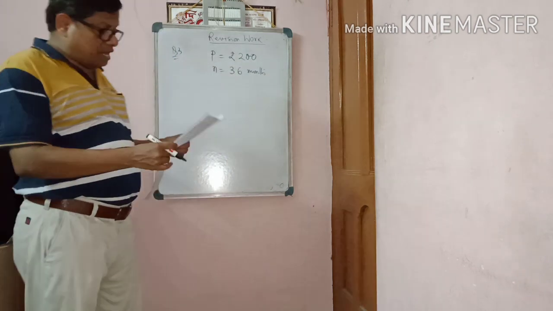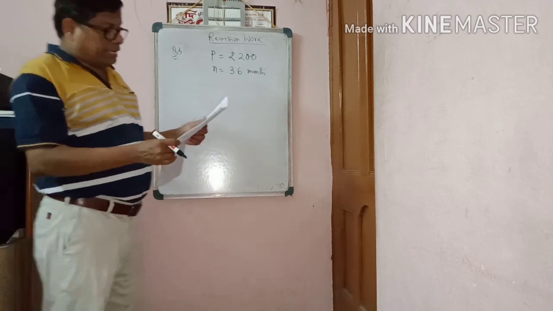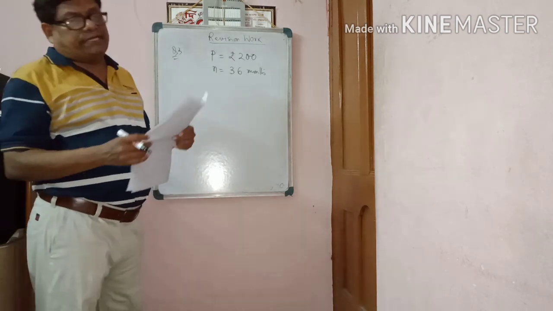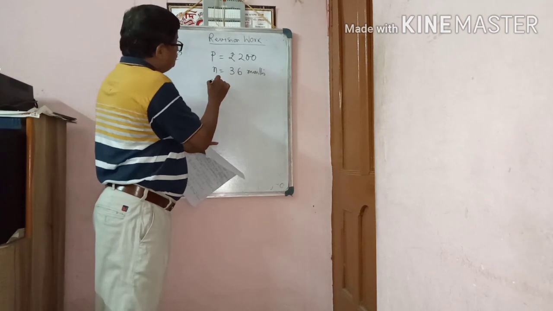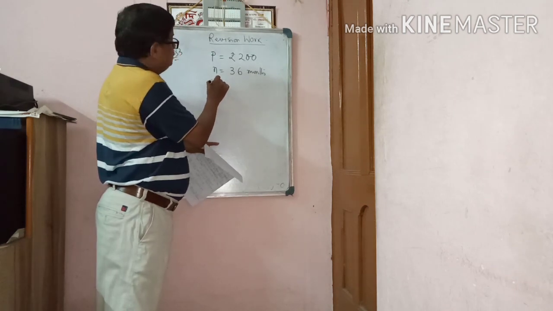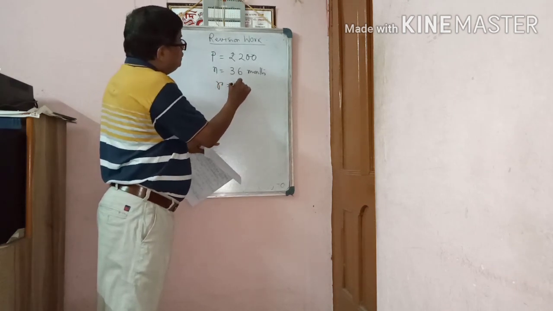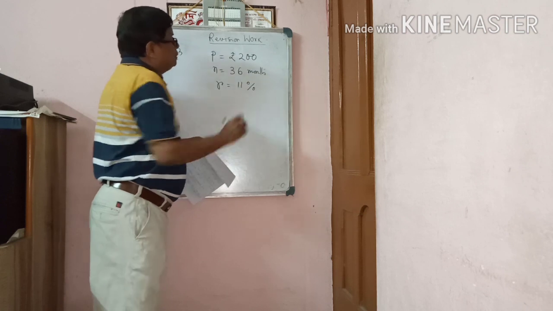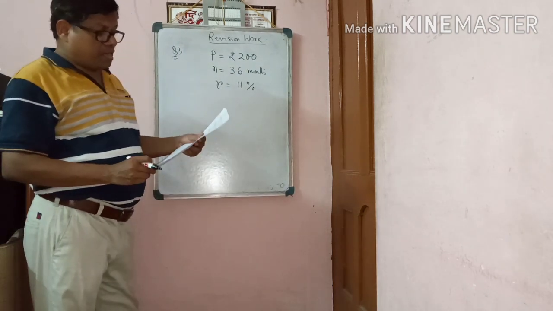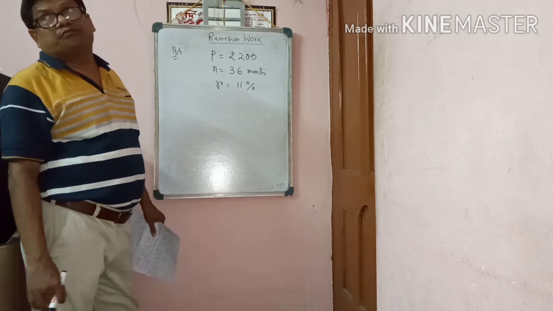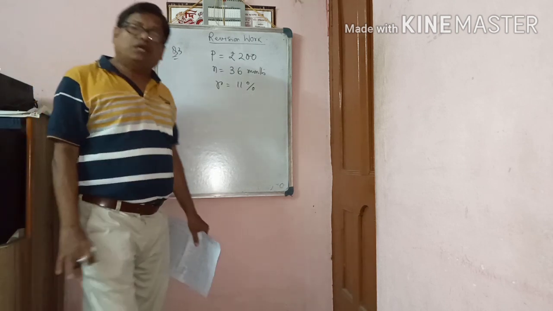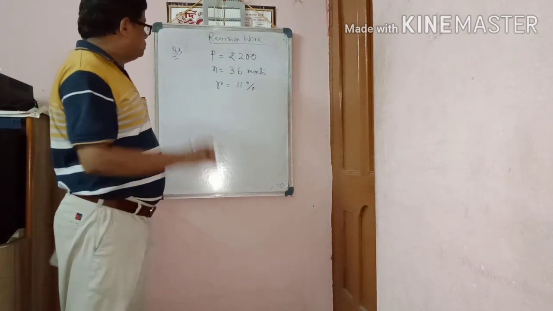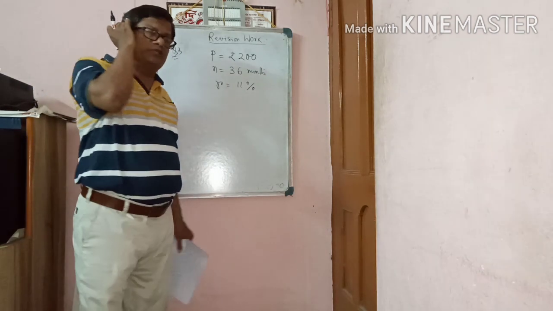Now the bank pays interest at the rate of 11% per annum, so write R, rate of interest, equals 11%. Find the maturity value. All of you know the formula?